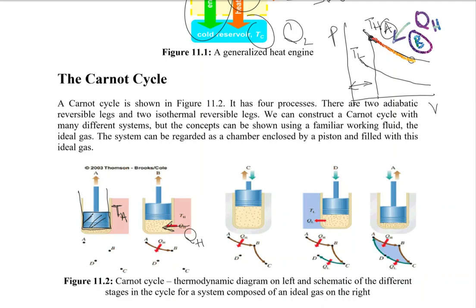Now let's say we actually remove this reservoir, and when we are removing it, let me thermally lag the piston and cylinder arrangement as well, so there are no heat losses.